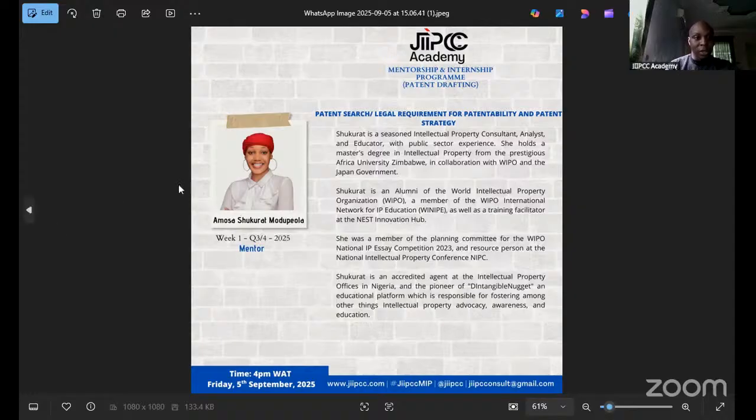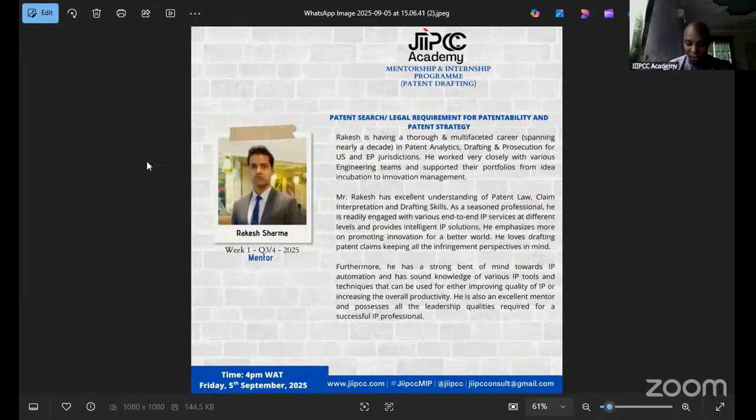Our second mentor for today that we expect to be in session is Mr. Rakesh Sharma. Mr. Rakesh has a thorough and multifaceted career spanning nearly a decade in patent analytics, drafting, and prosecution for US and EP jurisdictions. He worked very closely with various engineering teams and supported their portfolios from idea incubation to innovation management.